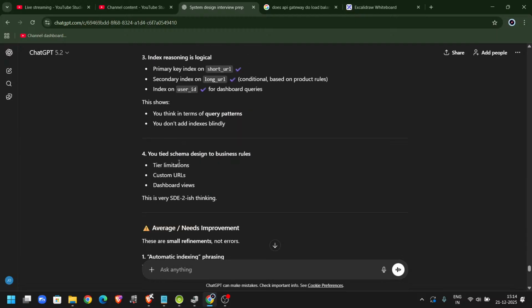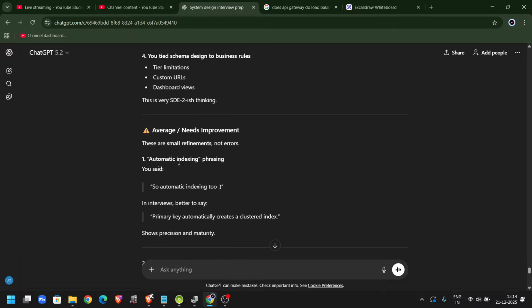You tied database schema design to business rules and limitations. Average needs improvement: automatic indexing phrasing. You said automatic indexing too. It is better to say a primary key automatically creates a clustered index.